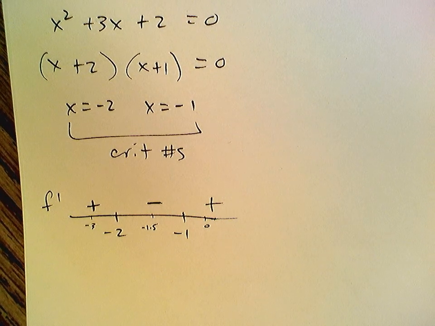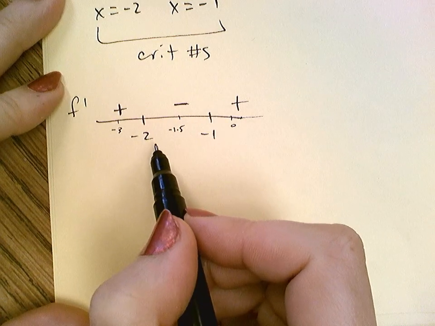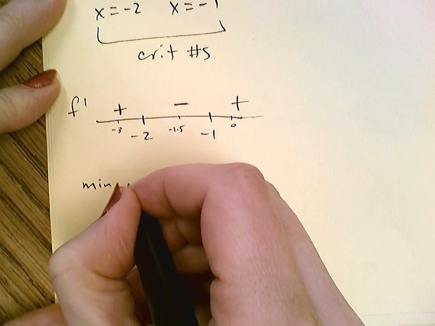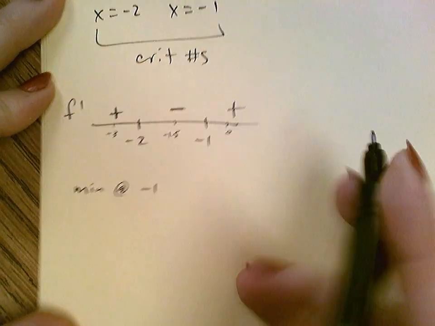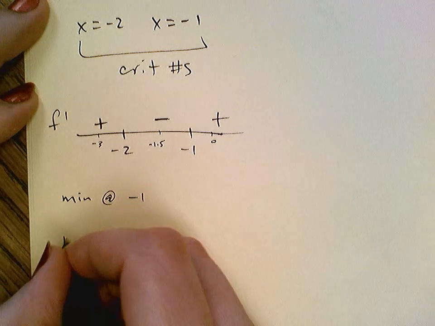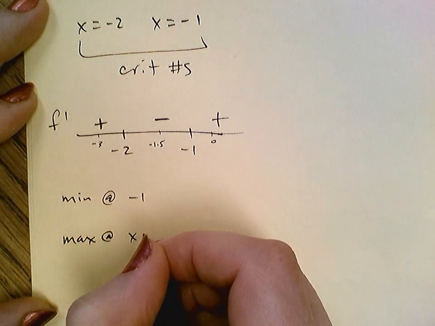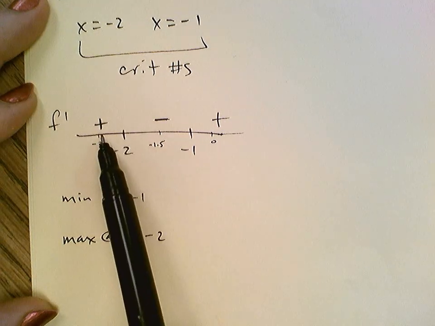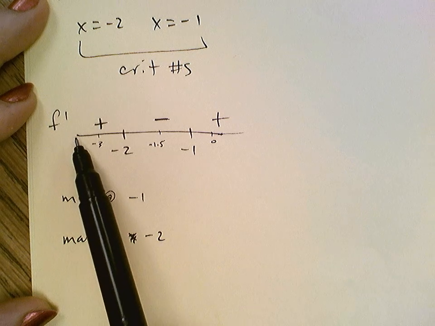Now, what are they asking? Local extrema. So what we've got to do from here: I know I've got a min at negative 1 because f prime changes from negative to positive, and I know I've got a max at negative 2 because f prime changes from positive to negative.